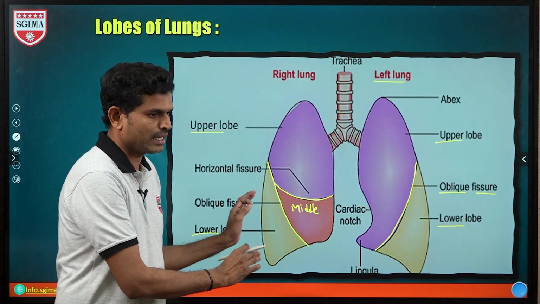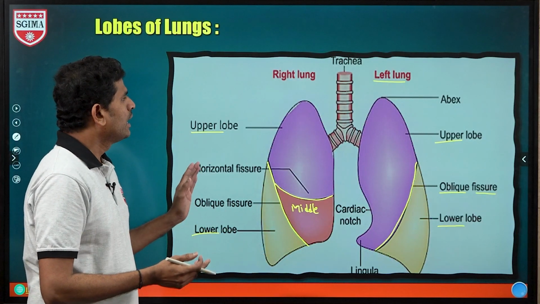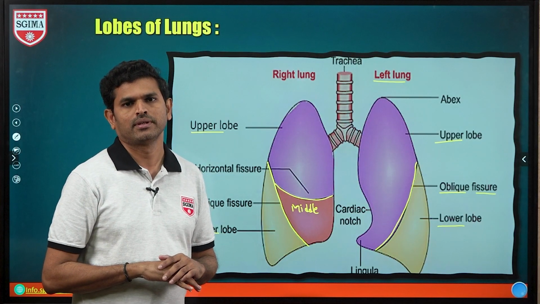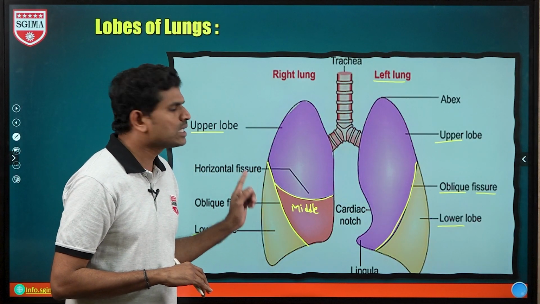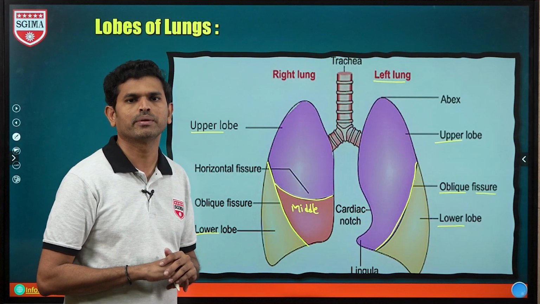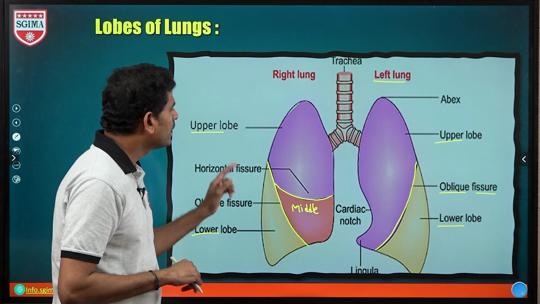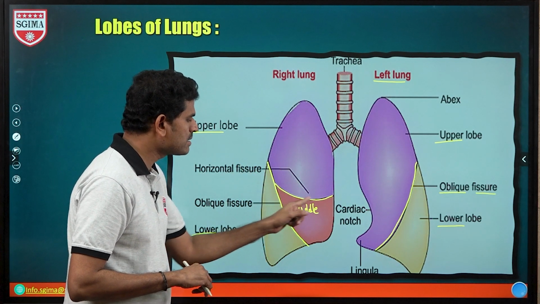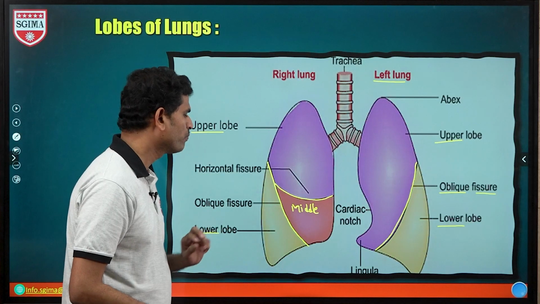Okay, so let us revise that once again. Our body has one pair of lungs. इसमें right one is a little bit larger than the left one. This is one point we have to remember. And the right one is divided into 3 lobes due to the presence of which one? 2 fissures.